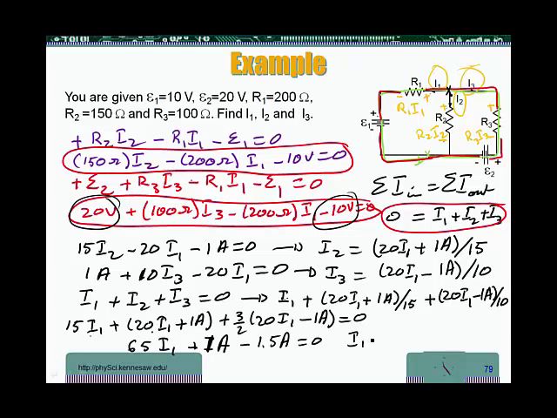So I1 is going to be equal to 0.5 amps over 65. So 0.5 over 65, multiplied by 1000, so I can write it in milliamps. So this is equal to 7.7 milliamps.